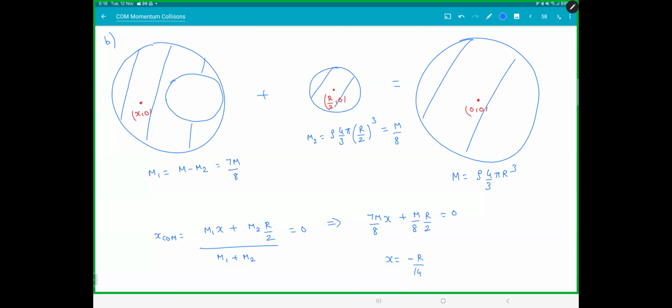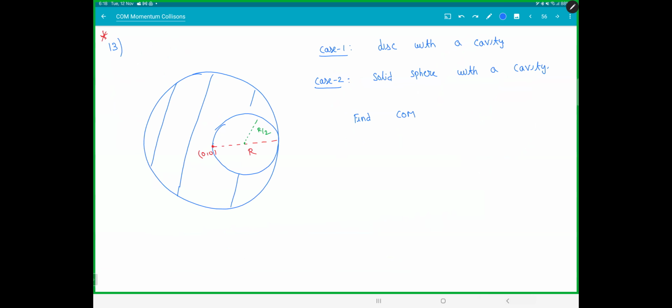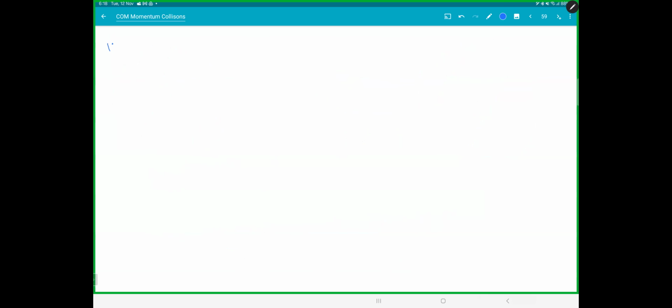Let me give you one more like this. Suppose you take a solid cone and someone removed some material from inside.